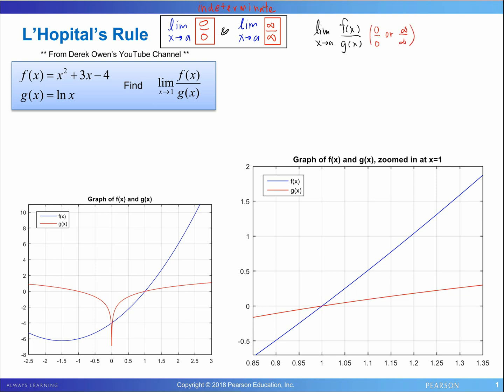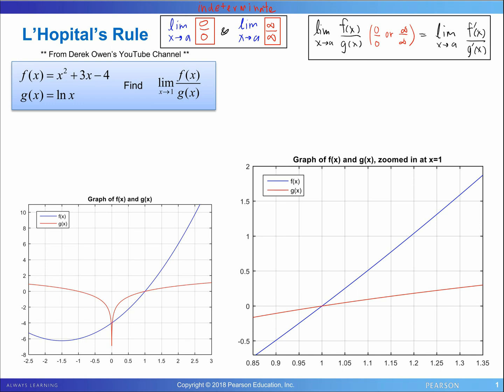In this case, it's going to be equal to the limit of the derivative of f with respect to x, f prime of x, divided by the derivative of g with respect to x, g prime of x, at the same point when x approaches a. This is it, the only formula for L'Hopital's rule.